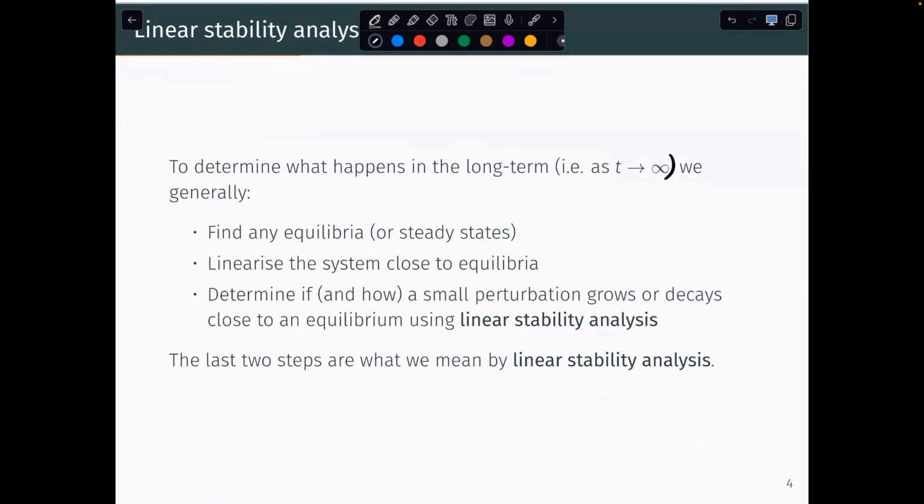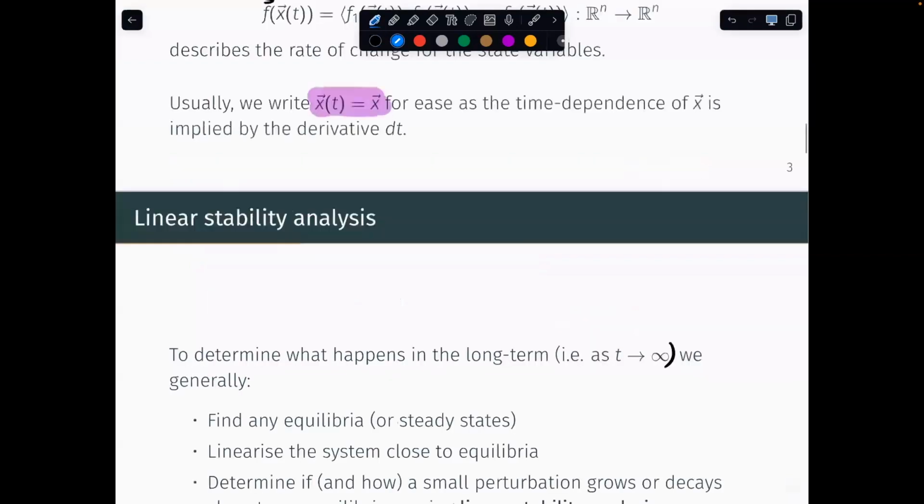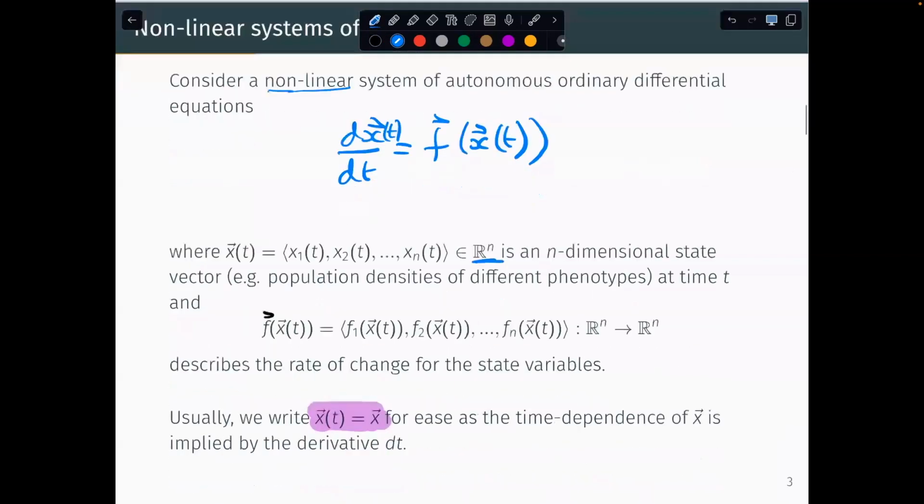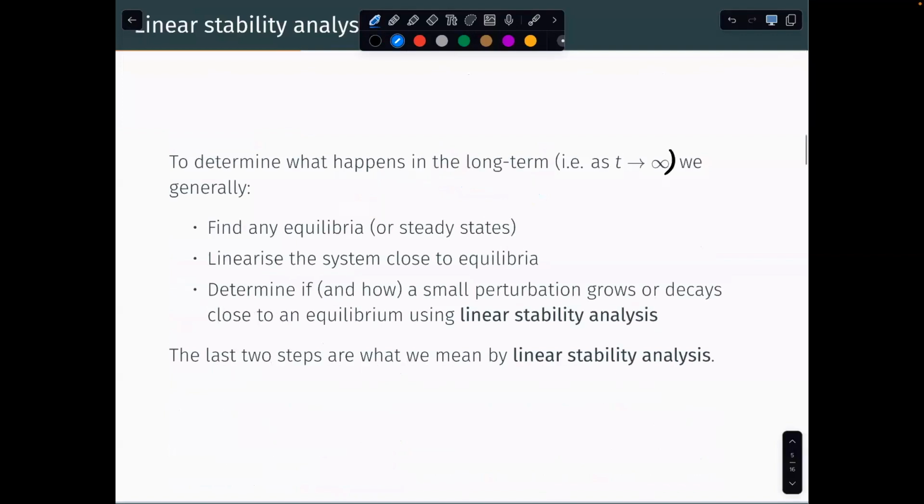So to do this process of linear stability analysis, the first stage is finding any equilibria or steady states that we have in our system. We then linearize our system close to our equilibrium. If you recall, I said up here that we're dealing with non-linear systems of ODEs. We linearize that system because it's easier to deal with linear systems than non-linear systems.